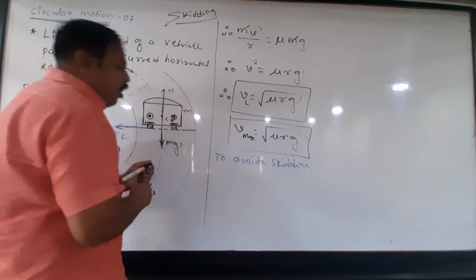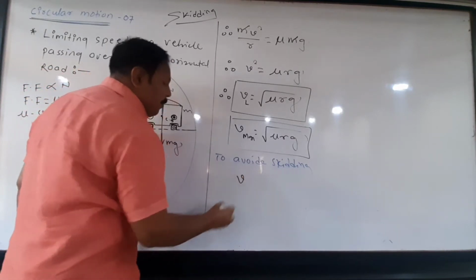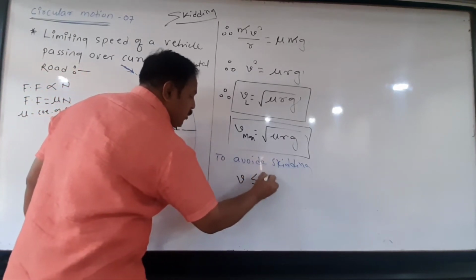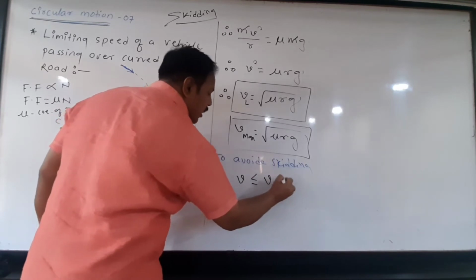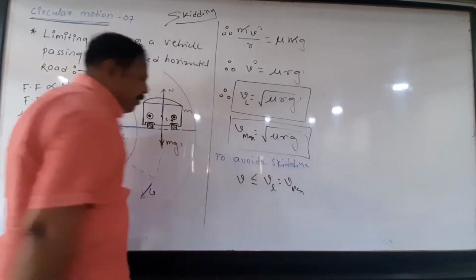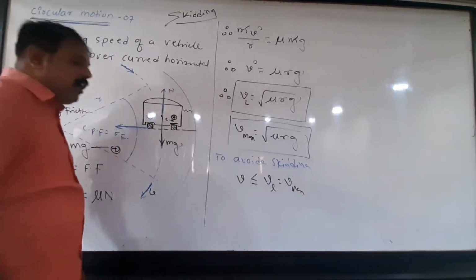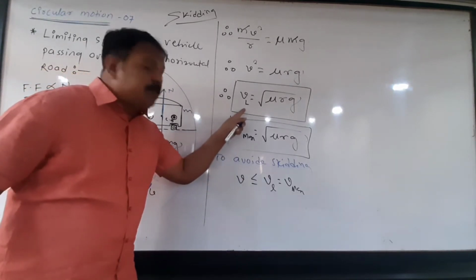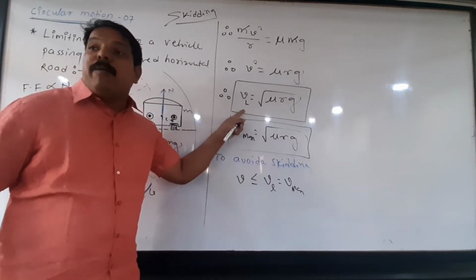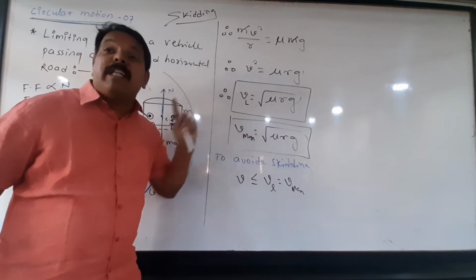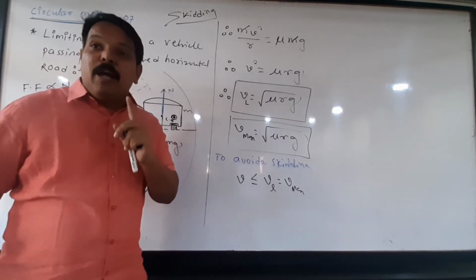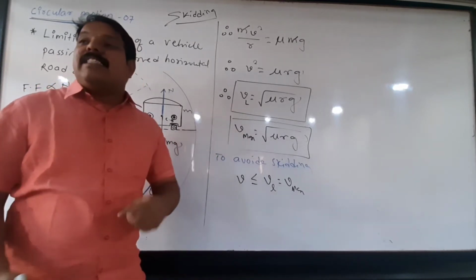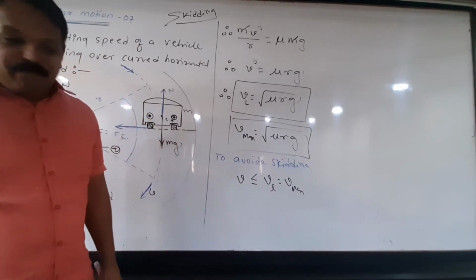To avoid skidding of the vehicle, our speed should be less than or equal to V limit, that is Vmax. This is the safe speed by which the vehicle can be driven without skidding. But if you cross that limit, there are chances of skidding.